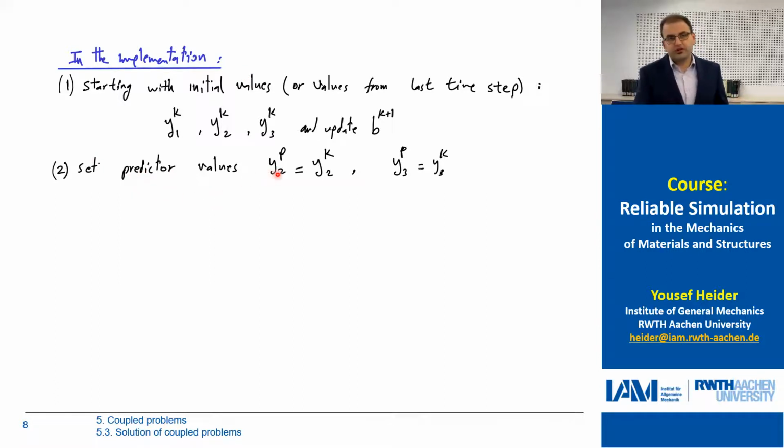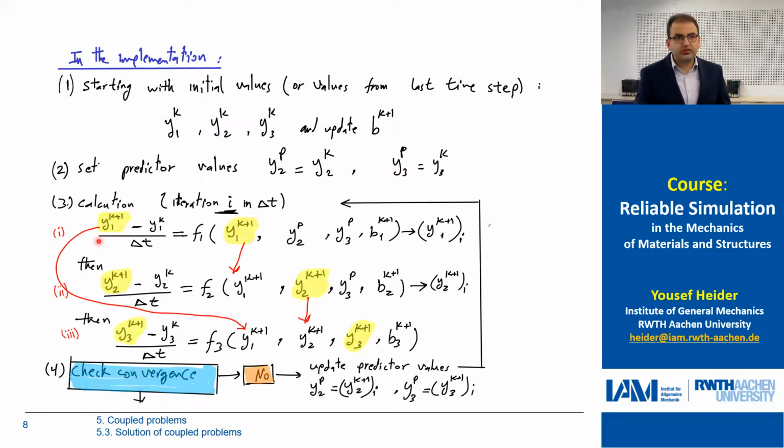We need a predictor for y2 and a predictor for y3. Why do we need this? Because in the first equation we also have y2 and y3, but one equation can give us only one unknown, which is y1. Therefore, we need some initial values for y2 and y3, because otherwise we cannot compute y1. And this is what we are doing here.